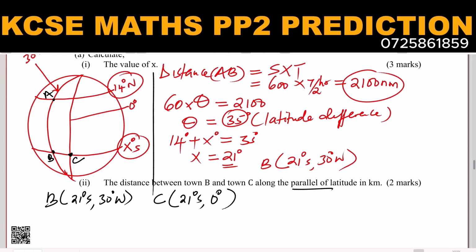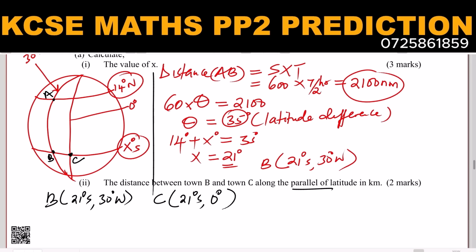So simply use a calculator to work with these. 30/360 times 2 pi r, and then there's a radius. I forgot to multiply the radius, don't forget that. 6370, 2 pi r, so that radius must be there. 2 pi r cosine of the latitude angle, so don't forget that.